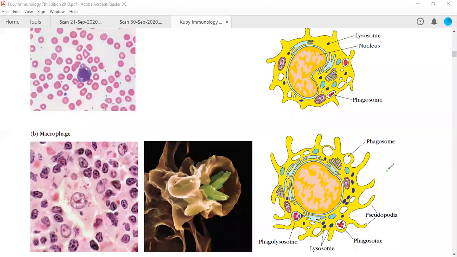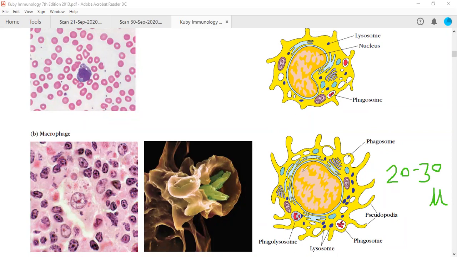Generally they have a size range of 20 to 30 microns; depending upon the situation their size can even go up to 30 microns. Generally a eukaryotic cell has a size range of 10 to 20 micrometers, and a bacterial cell, a prokaryotic cell, generally has a size of less than 1 micrometer, right?